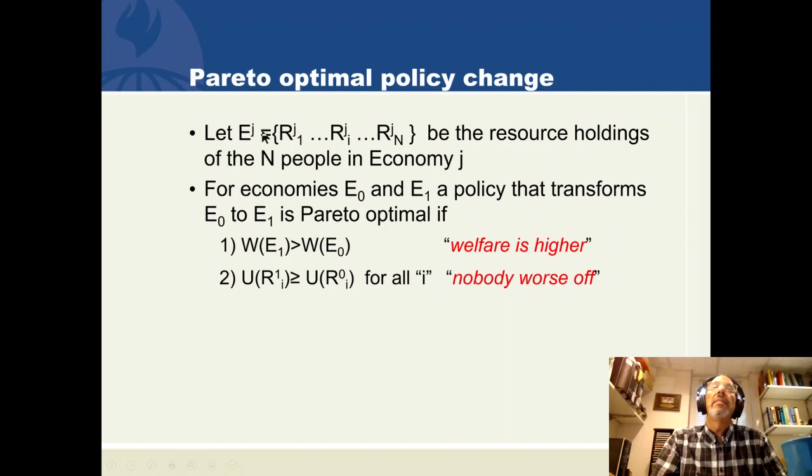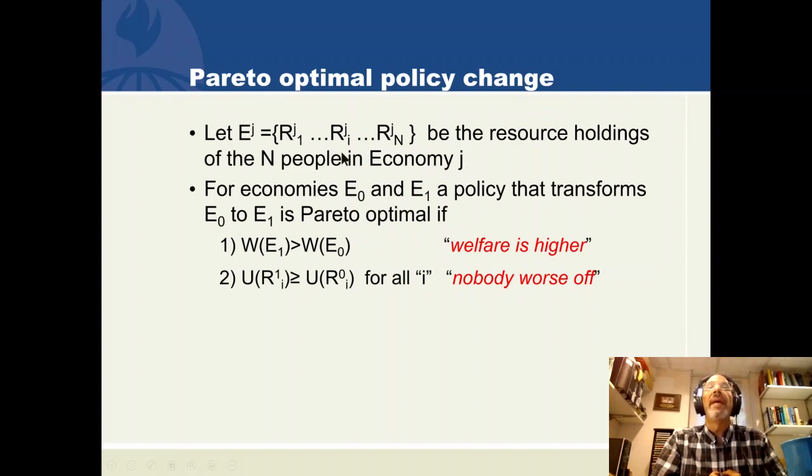And in economy 1, R1, the resource holding of person 1, is some list of stuff. This person owns a stereo and a computer and tennis shoes. And the holdings of person 2 are listed, and the holdings of person 3. So this is a set of lists of stuff held by people in this economy.